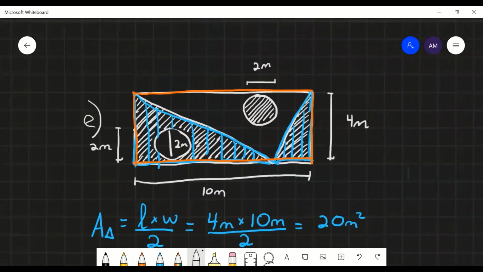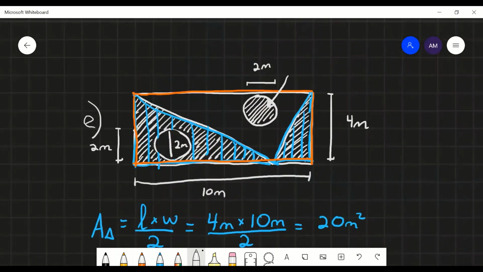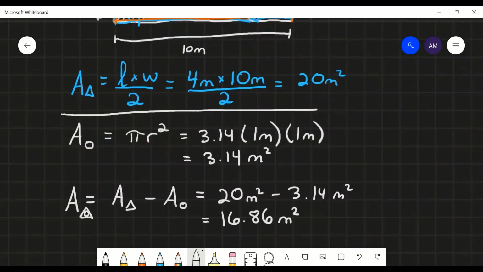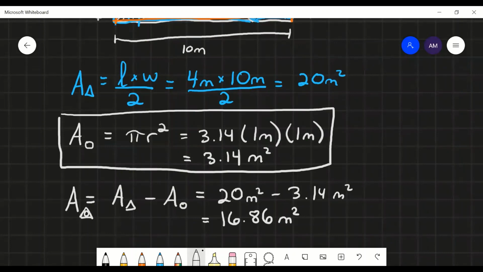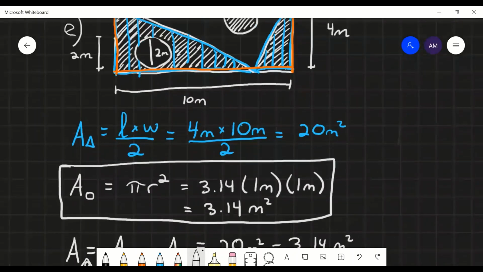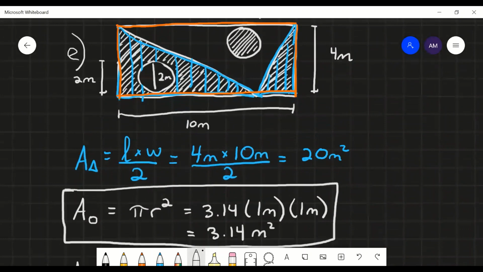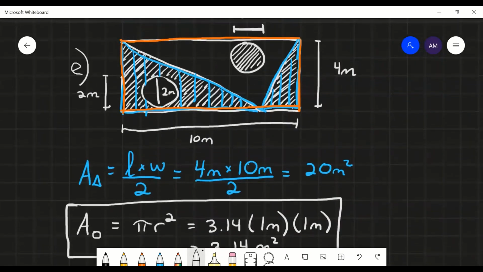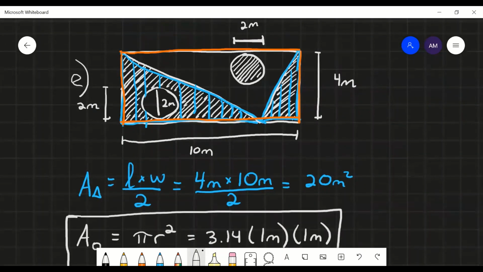We're not finished yet though, because there is another colored area right here. And well, wouldn't you know it, it also has a diameter of 2 meters, which means it also has a radius of 1 meter. And that means that it's exactly the same as this circle that we just calculated. So I'm very confident that the area of the shaded circle is going to be 3.14. So if we want the total area of everything, it would be the area of the triangle that has a hole in it and the other triangle, plus the area of the circle that's colored in.